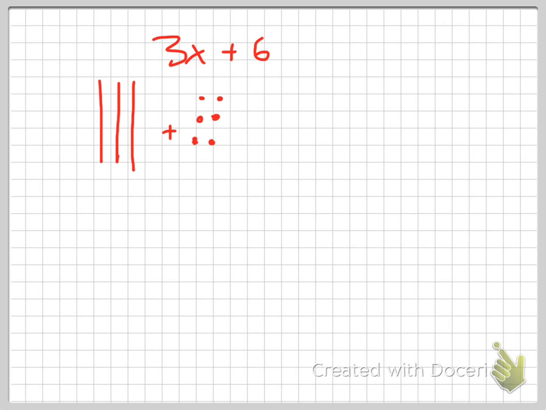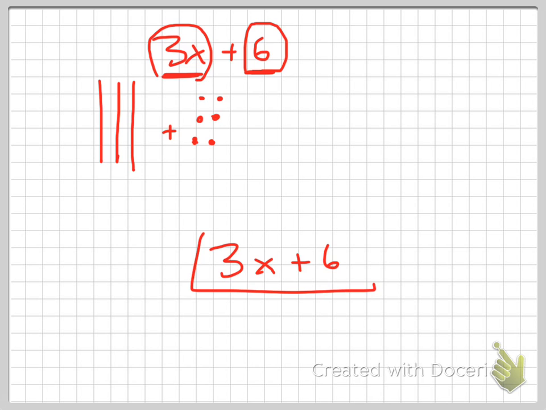Now, if I were a kindergartner, would I ever put them in the same pile? No, because you know these are different objects. One are sticks and the others are buttons. So we keep our variable terms different from our numerical term. A variable term can have a number and a variable, and a numerical term has just a number. You don't mix them. So you stop at 3x plus 6. That's your final answer. You haven't solved it, you're just simplifying it.